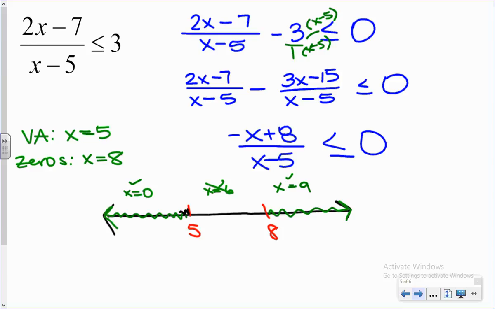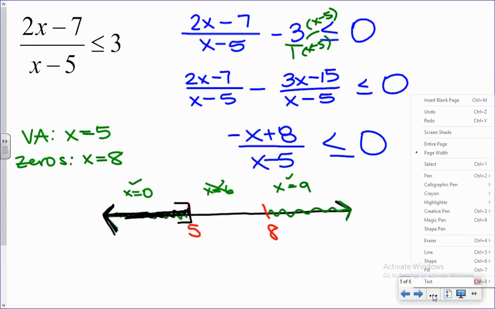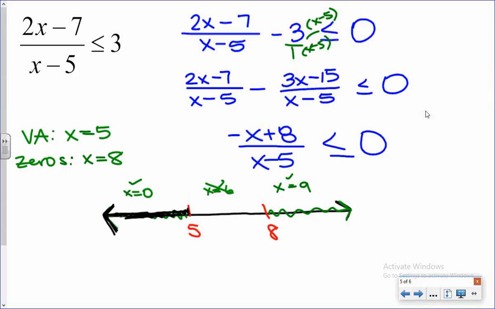We know that from negative infinity to 5, it satisfies our inequality. Do we get to include 5? Yeah. Let's think about what is 5. Excellent. 5 is our vertical asymptote, which means we cannot include it. Okay, but since we do have that equality with 0, we do need to include 8.